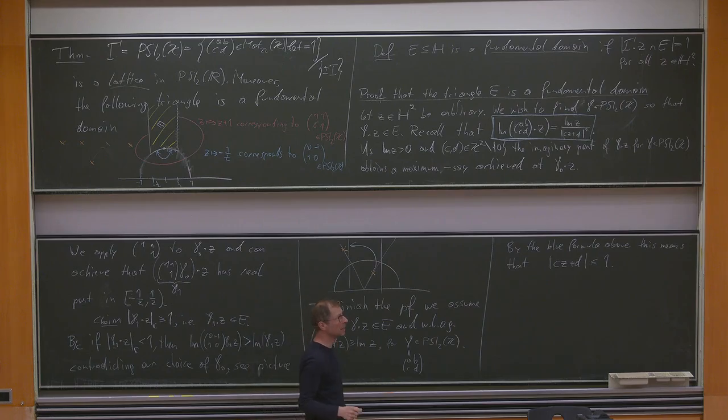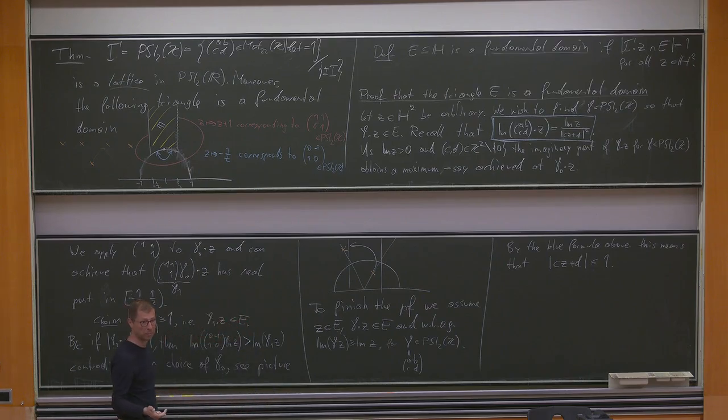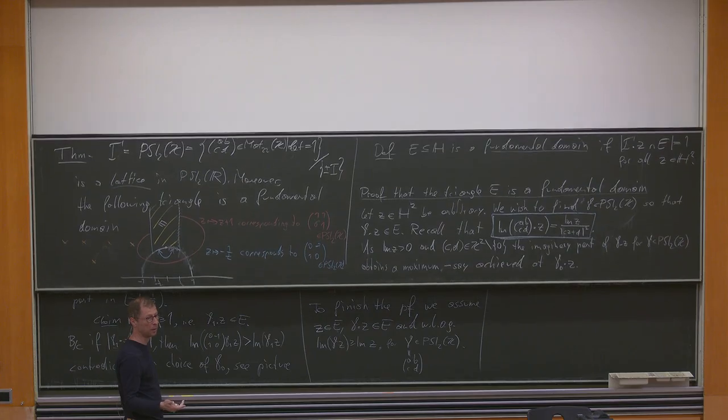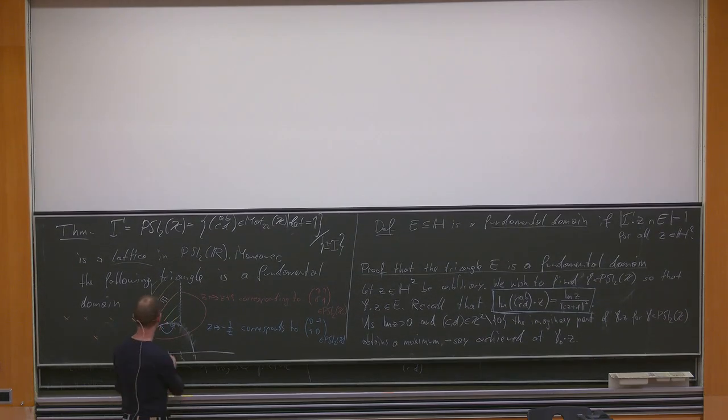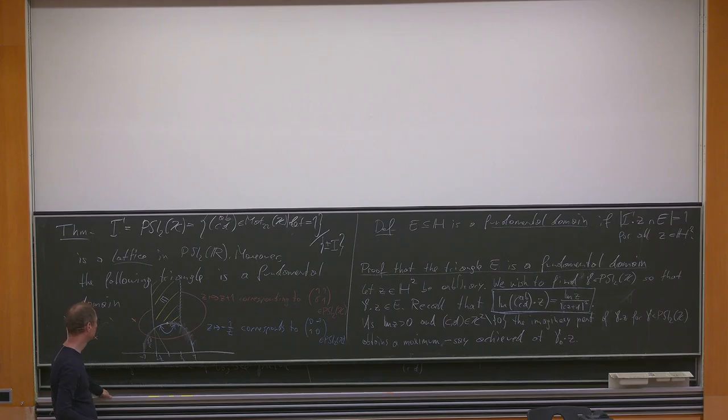That means its imaginary part is at least square root 3 over 2. Where did square root 3 over 2 come from? It's from the lowest part of the E here. So here we have a square root 3 over 2 thing. The imaginary part is at least square root 3 over 2, which in particular is bigger than 1/2.